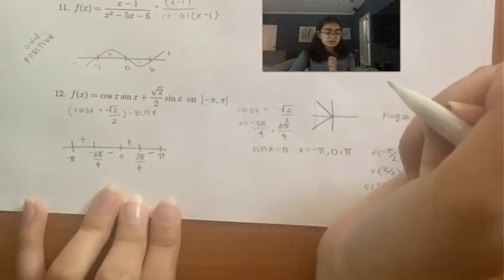Since negative pi over 2 was negative, the function is going to be negative in between negative 3 pi over 4 and 0. Since pi over 2 gave us a positive number, the interval 0 to 3 pi over 4 will be positive. And since 5 pi over 6 gave us a negative number, the interval between 3 pi over 4 and pi will be negative.